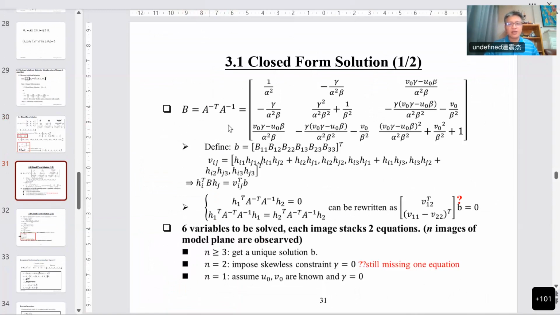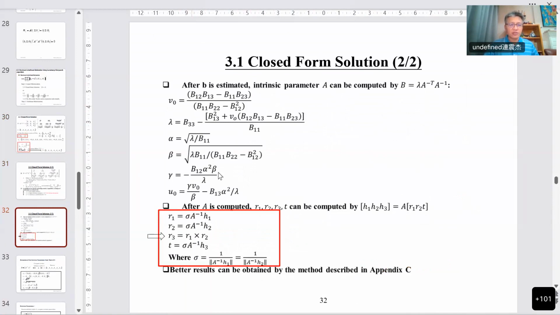那 B 是 A times A，事实上我算过了哈，B equal to A transpose times A, equal to this one. So based on this, you already know B, you already know this matrix, so you can solve alpha, right? Actually you can solve all of them. So there are the intrinsic parameters.